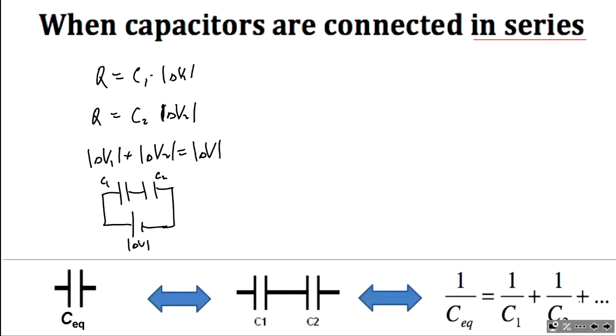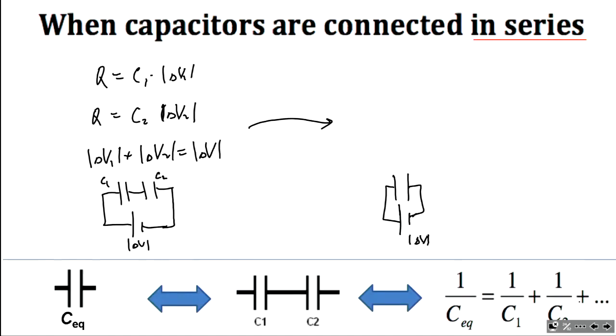And now we can ask a very important question. What single capacitor can be used to replace these 2, so it would store exactly the same charge? So we are looking for a substitution. Instead of using 2 or more capacitors, we would like to use just 1.